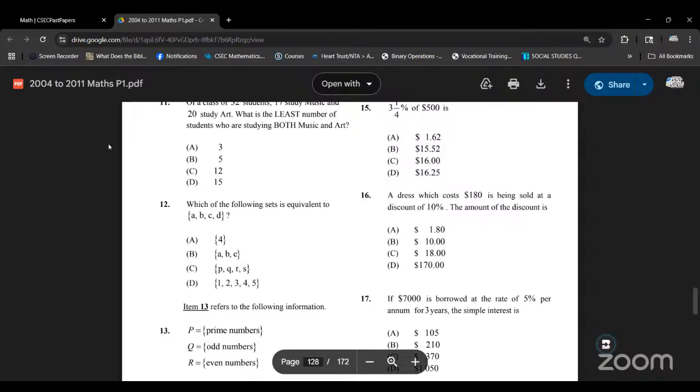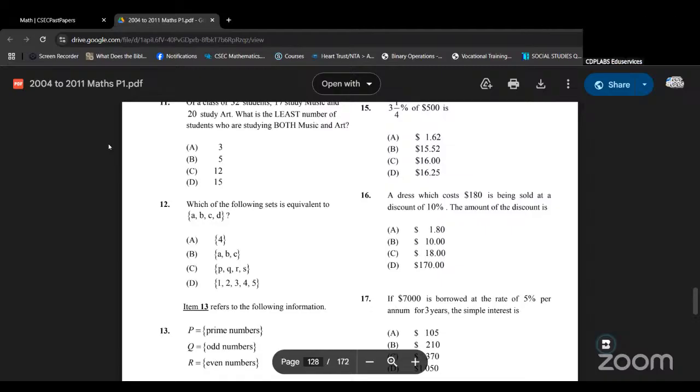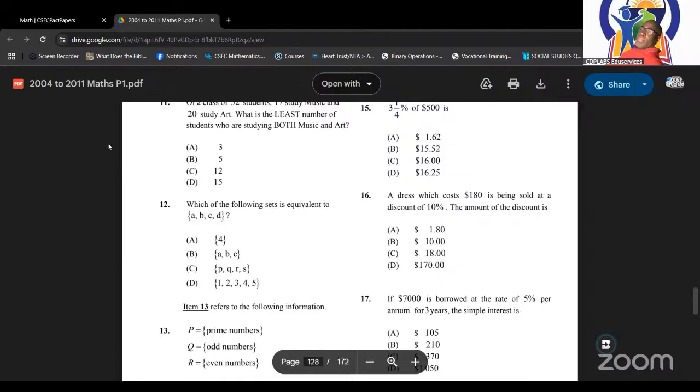Then I'm selling the dress for 180 at a discount of 10%. How much? Of 10%. Oh, okay. What do you understand from that statement, that sentence? Give me something in real life I can relate that sentence to.